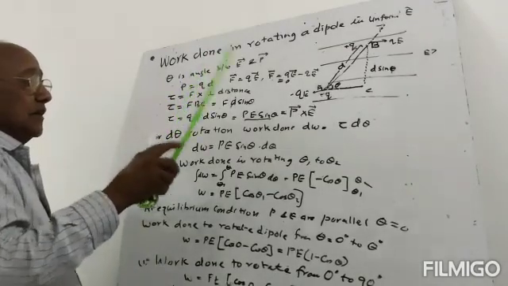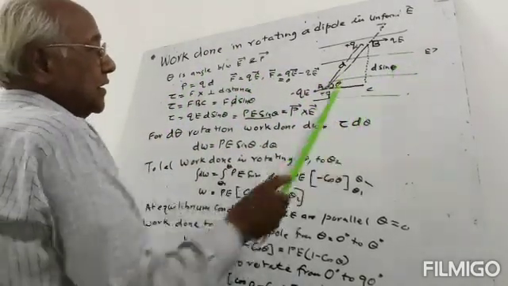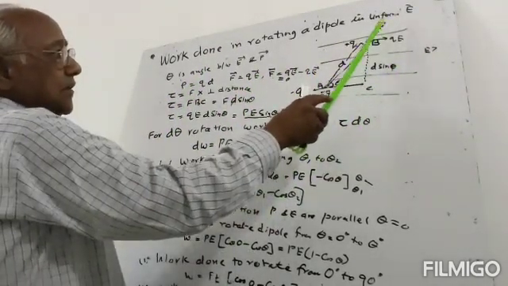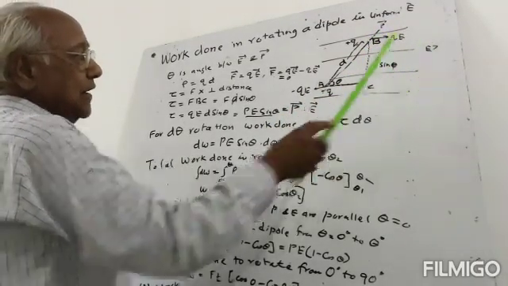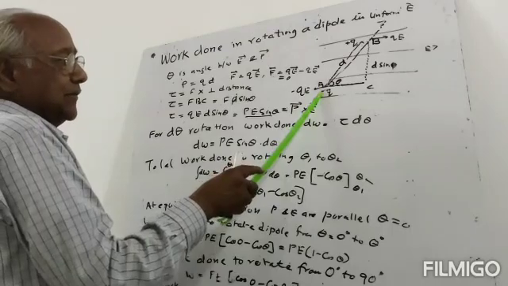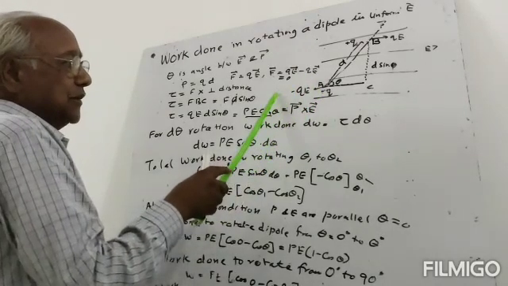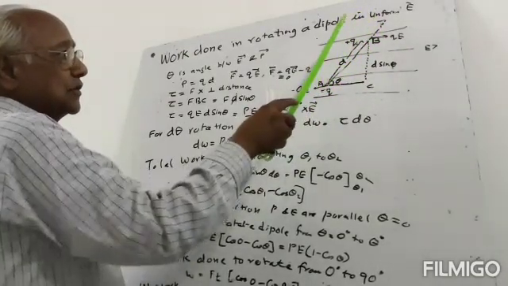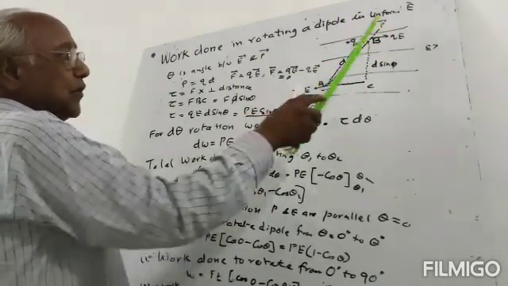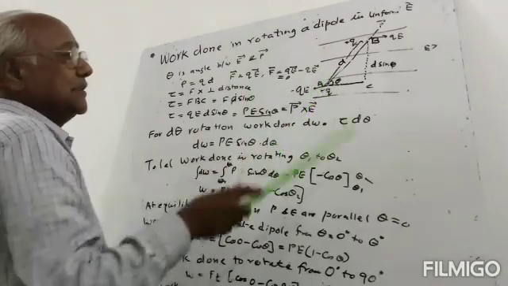Now, due to the electrical field, the positive charge will have a force qE in the direction of the electrical field, whereas the negative charge will have an electrical force minus qE, opposite to the field. So the resultant force, the sum of the forces on the positive and negative charge, is 0.